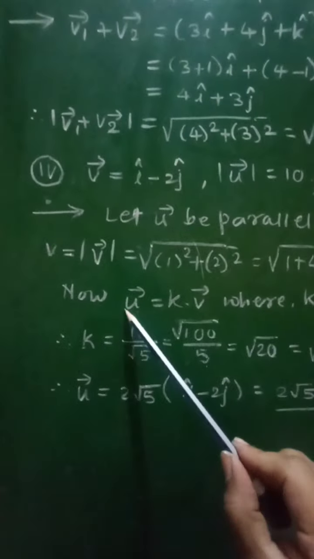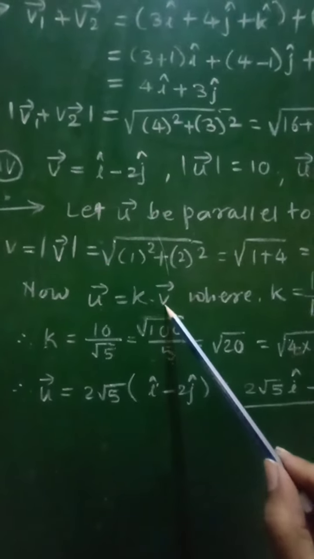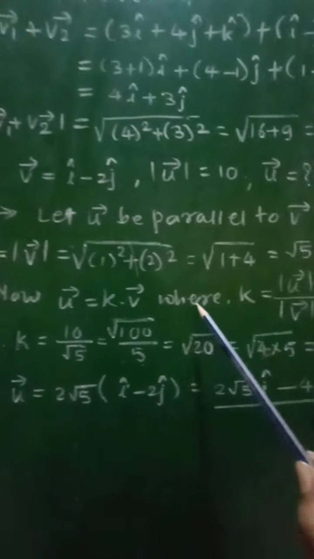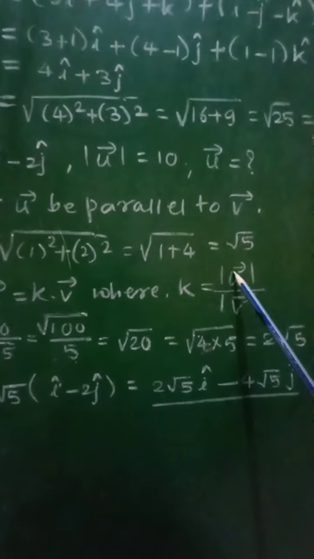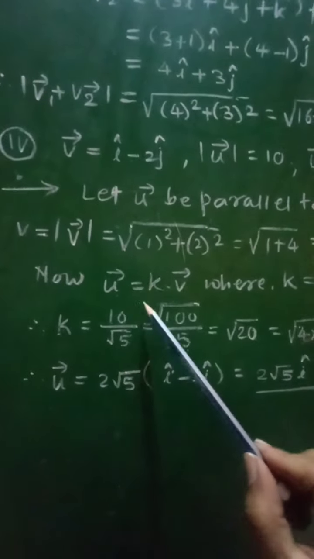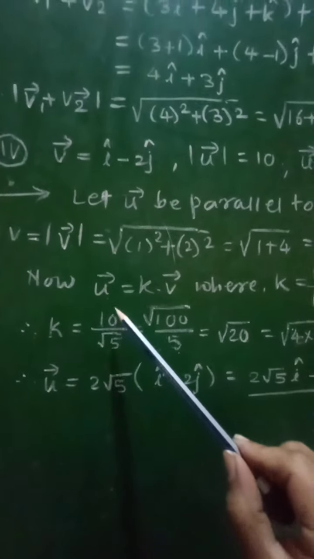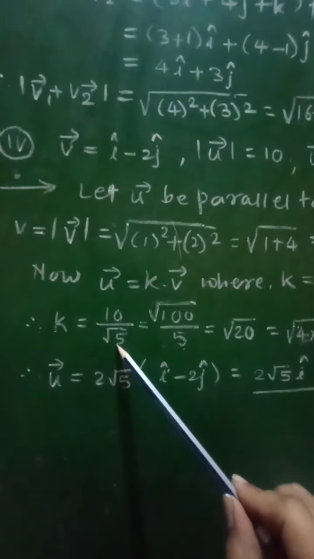Now vector u and vector v will be related as vector u equal to k into vector v, where k is equal to magnitude of vector u upon magnitude of vector v. Therefore k is equal to 10 by root 5.